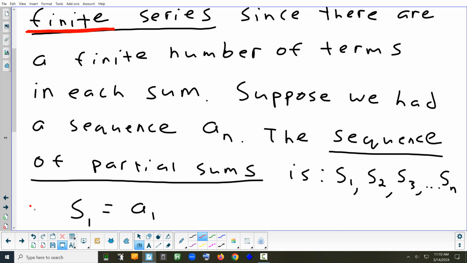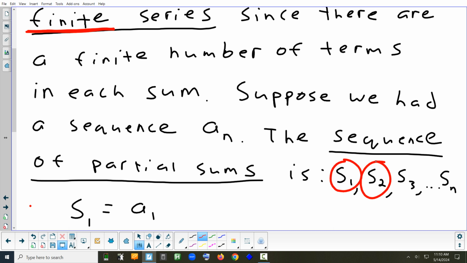Each one of these things that I wrote down here represents a partial sum. This represents the sum of the first how many terms? Yep, just the first term. That's why when you add up the first n terms, if you're only adding up one, you just get the first term. What does this represent?